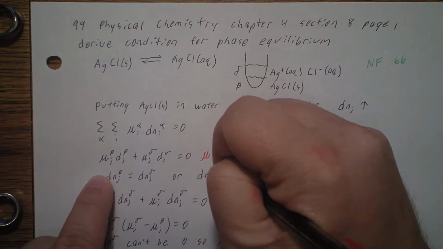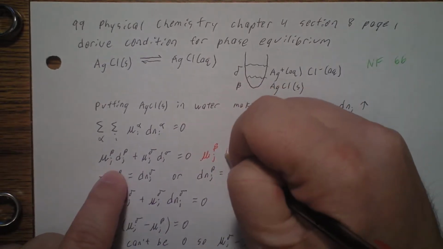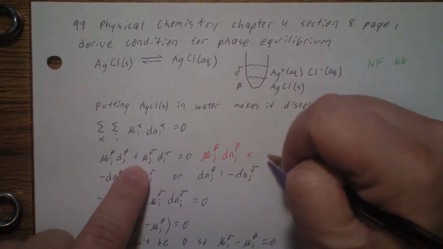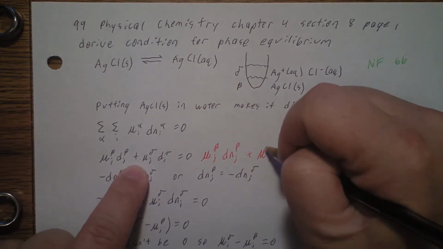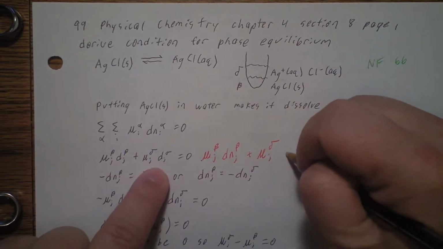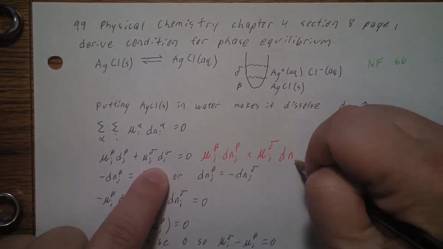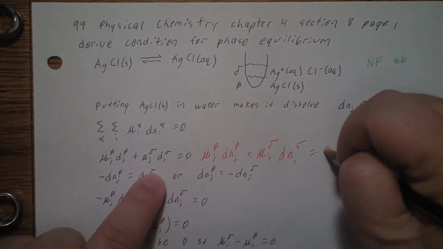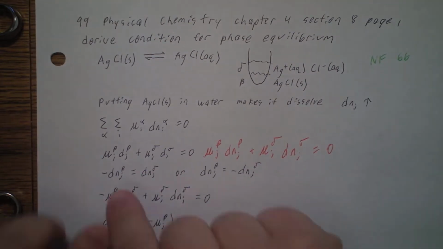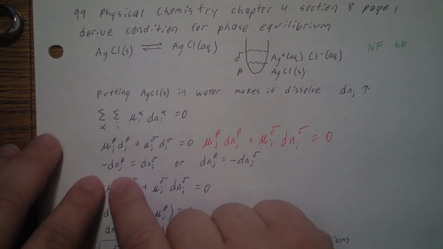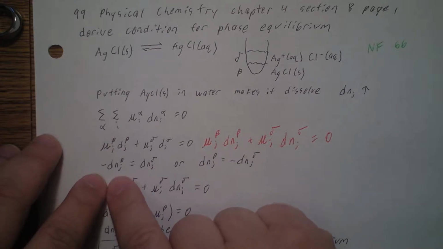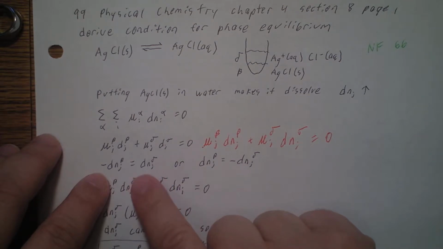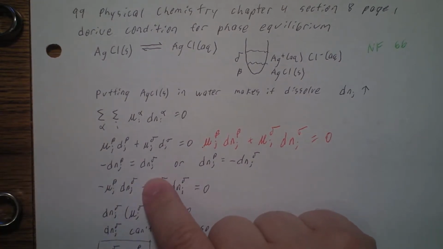All right, so mu J phase beta, that should be dNj phase beta, plus the chemical potential of substance J in phase delta times the differential of the number of moles of substance J in phase delta is equal to 0. Anyway, so we have minus the differential of the number of moles of substance J in beta is equal to the differential of the number of moles of substance J in phase delta.